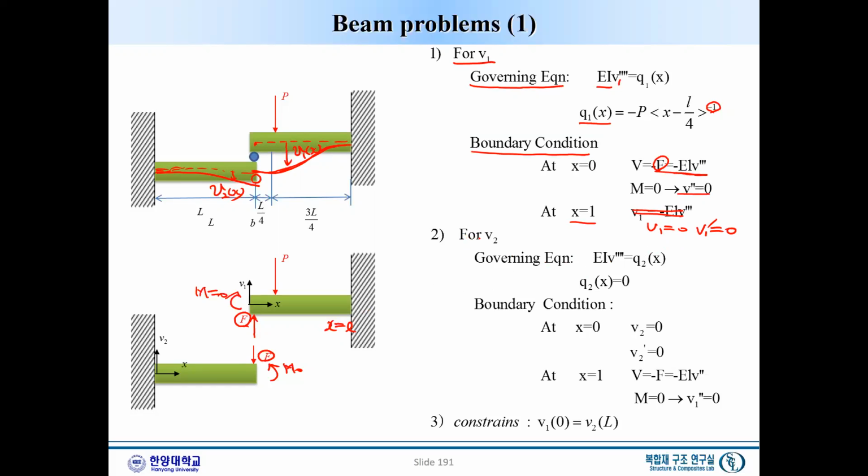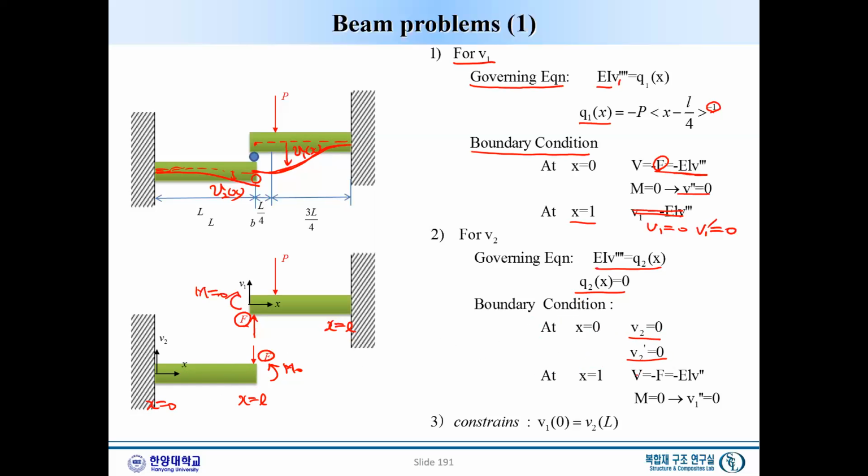Now, for V2 on the left-hand side, the governing equation is like that, and Q2 is the distributed load, but as you can see there's no distributed load, so simply Q2 is 0. And now the boundary condition of this clamped end is that on the left-hand side, V2 equals 0 and V2 prime equals 0, and x equals L here, and x equals 0 here.